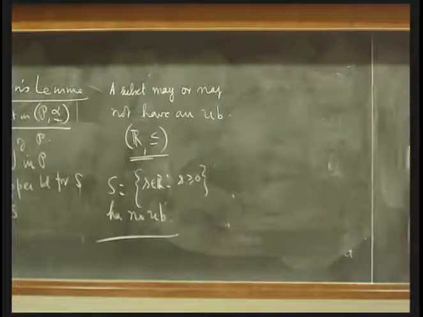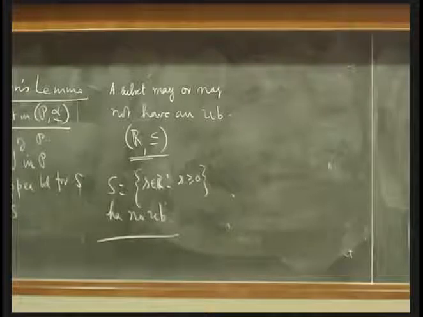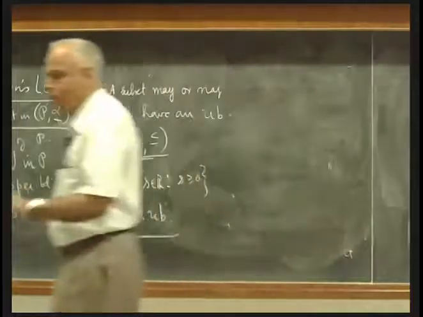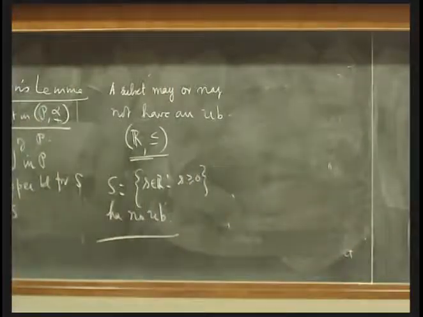Now, Zorn's lemma is a theorem or a result or an axiom which says that if in a poset certain special types of subsets have an upper bound, then that poset will have a maximum.